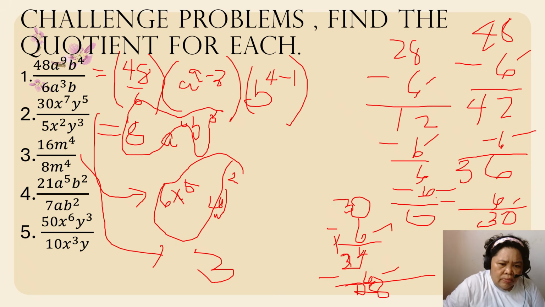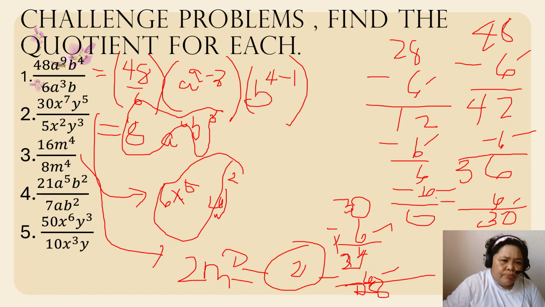Not 3. It's 2. And then 4 minus 4 is 0. So m raised to 0. Remember, if the exponent is 0, it's 1. So 2 times 1 is 2. 2 is the final answer.